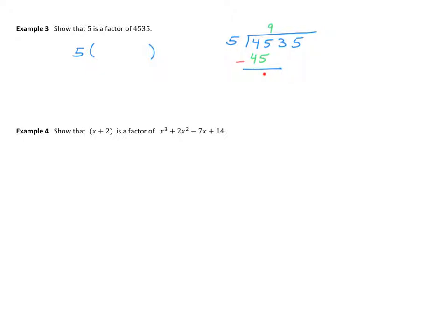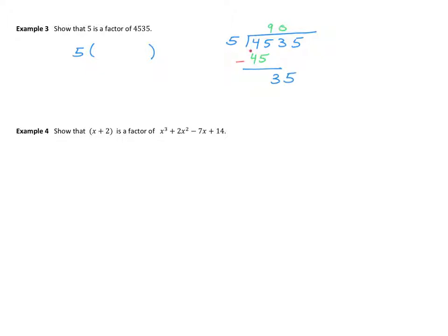When this happens, I'm not really going to write it, I'm just going to bring down the 3. You could write 0 if you want to, but a 0 in front of 3 is the same thing as just saying 3. And 5 can't go into 3. When this happens, all I'm going to do is place a 0 in this spot. So I'll put 0 here and simply bring down the next value, which is a 5.